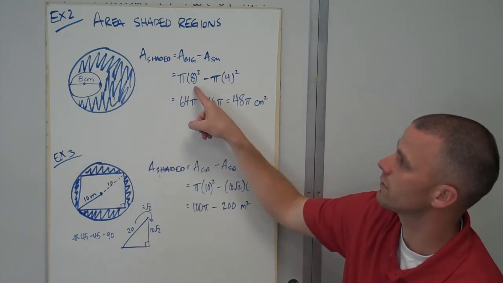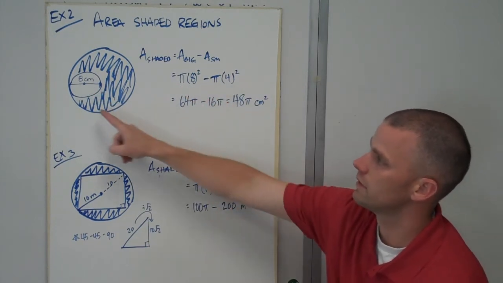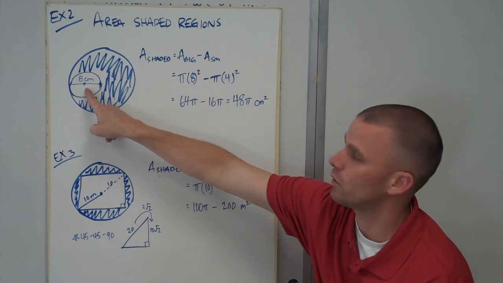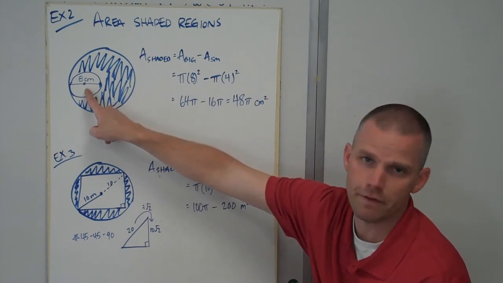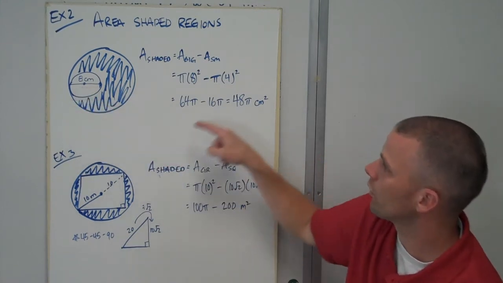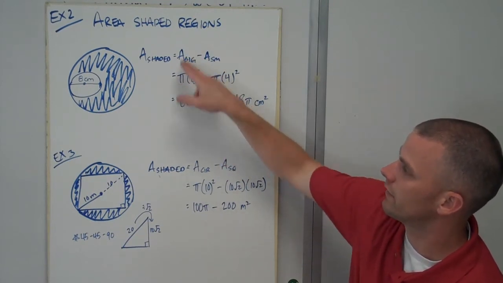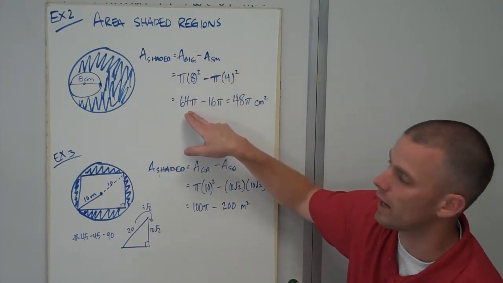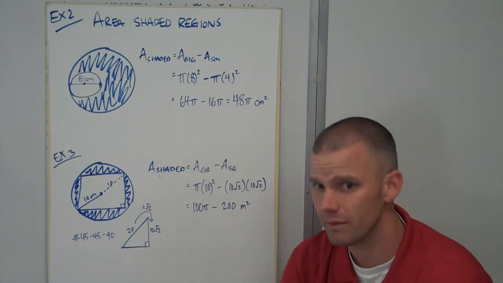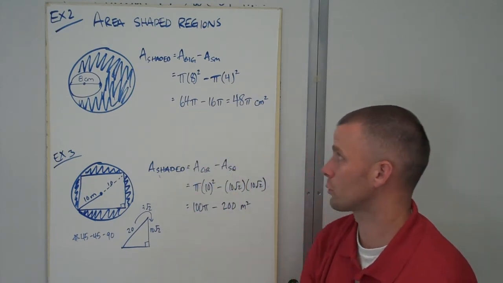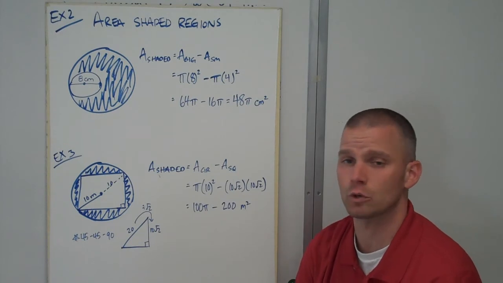So pi times 8 squared minus, this is the diameter for the small circle, which means the radius has to be half of that. So our radius is 4. If we square 4, we get 16 pi. The area of our big circle is 64 pi. Now, because both have the pi symbol, it works like a variable, although it is an actual number.